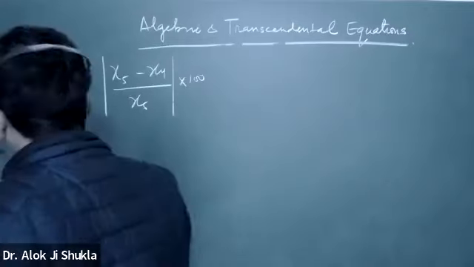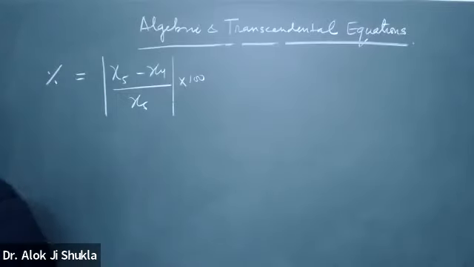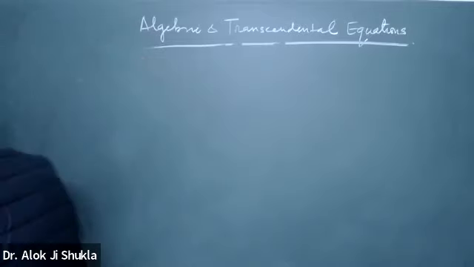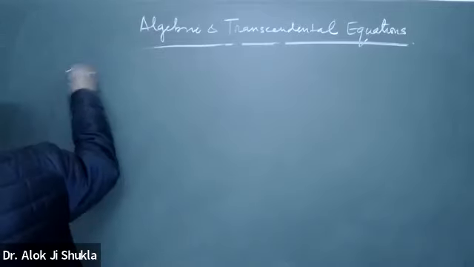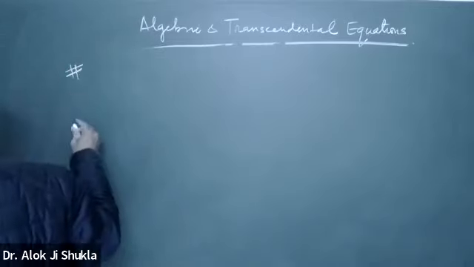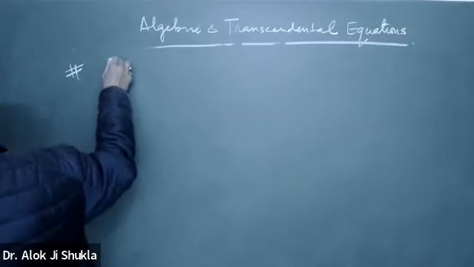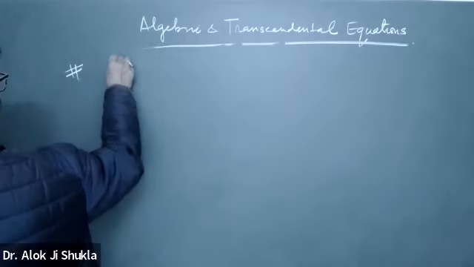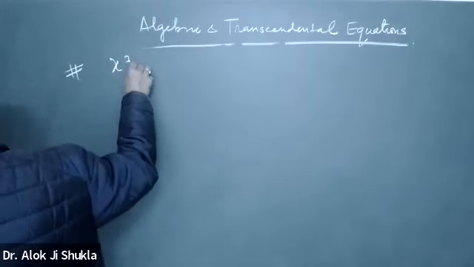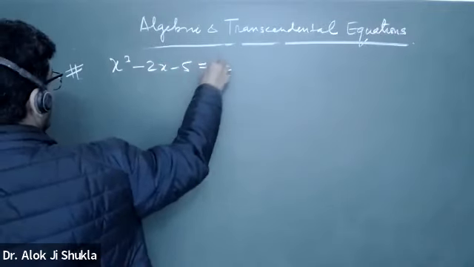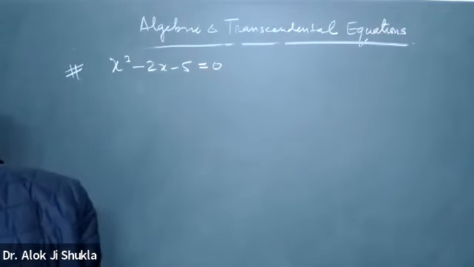The question is this. Find the real roots of the equation x cube minus 2x minus 5 is equal to 0.